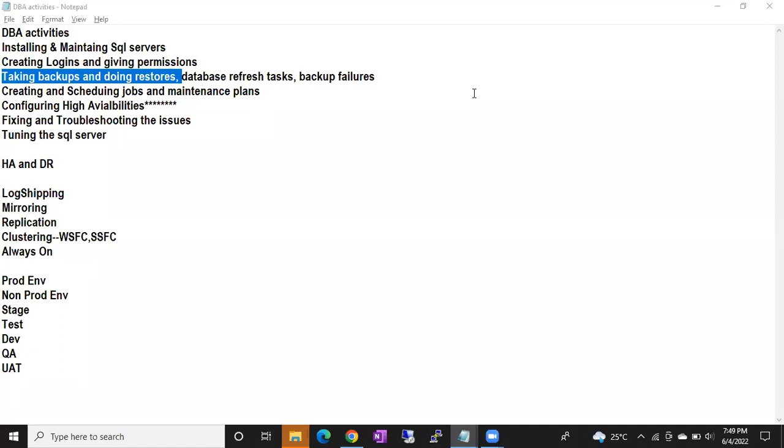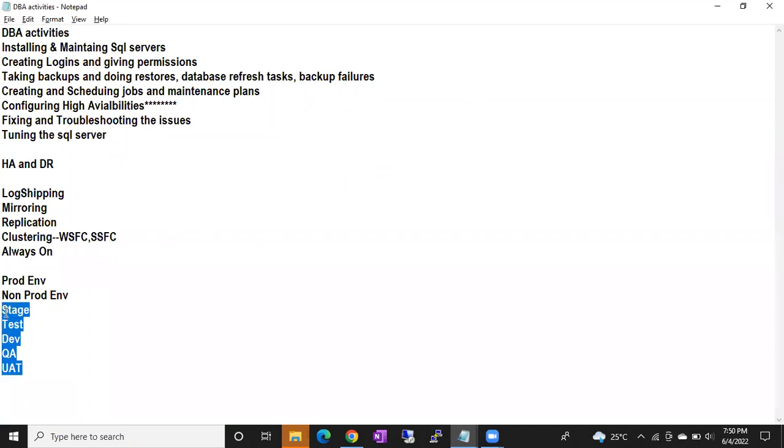Sir, what is meant by a stage server? A stage server is also one kind of environment, like test servers. We can call stage a pre-prod or non-prod environment. It depends, guys. You might ask, sir, isn't one test server enough to test? But it depends on the application criticality. It's not mandatory that each and every application should have all these environments.